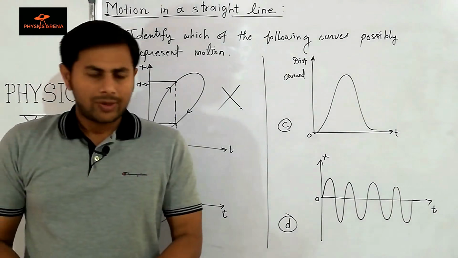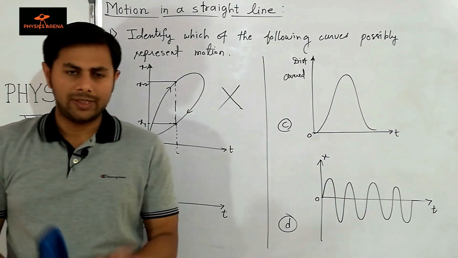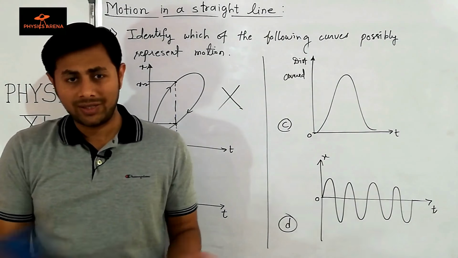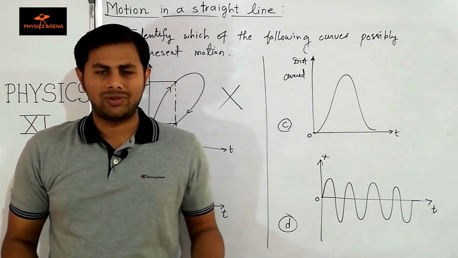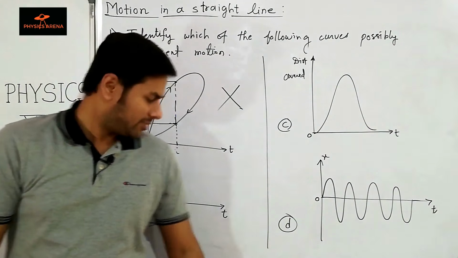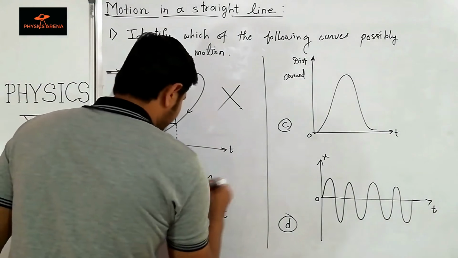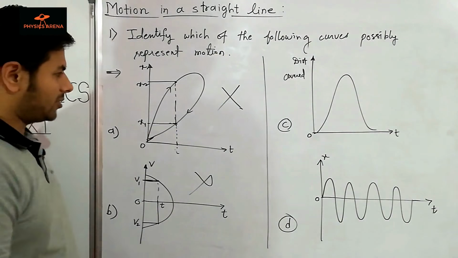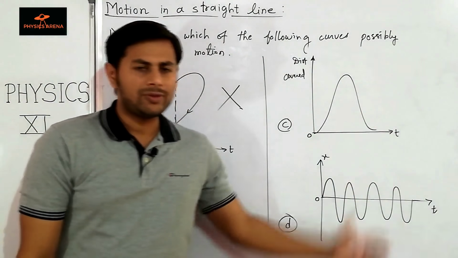So we get two velocities, one of which is positive and another is negative. So the object cannot be moving in two different directions at the same time. So this graph also does not represent motion. This is wrong.